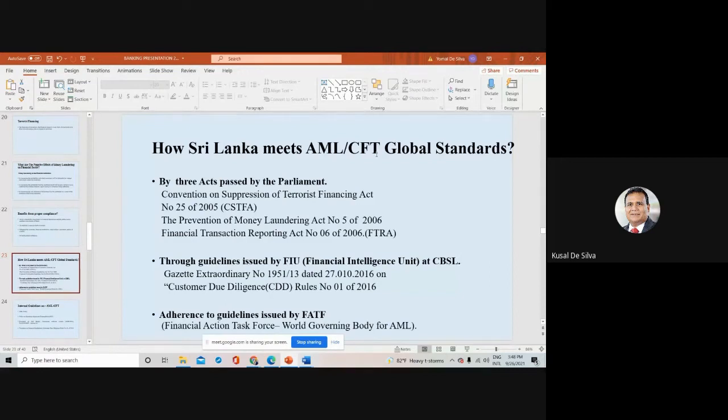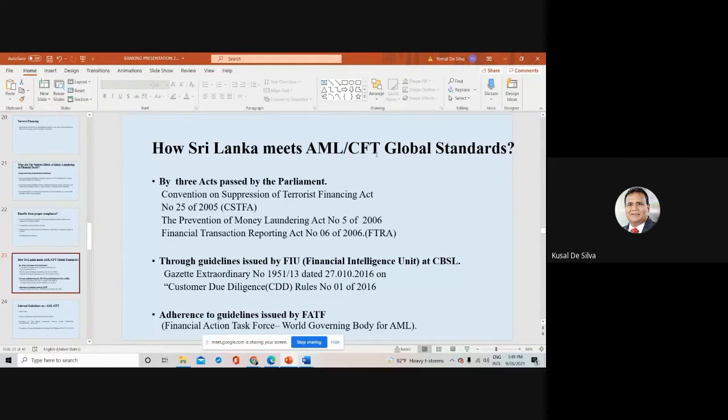There are a few buzzwords. We call them AML, CFT, CDD, then TDD. CDD is the customer due diligence. TDD is the transaction due diligence. AML is the anti-money laundering. CFT is the counter financing of terrorism.